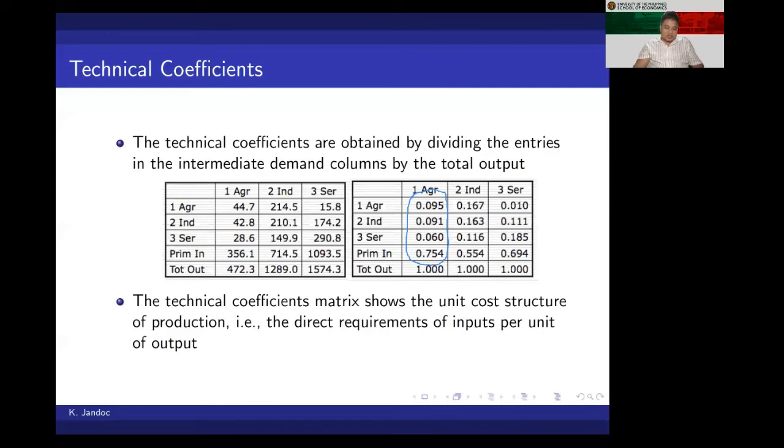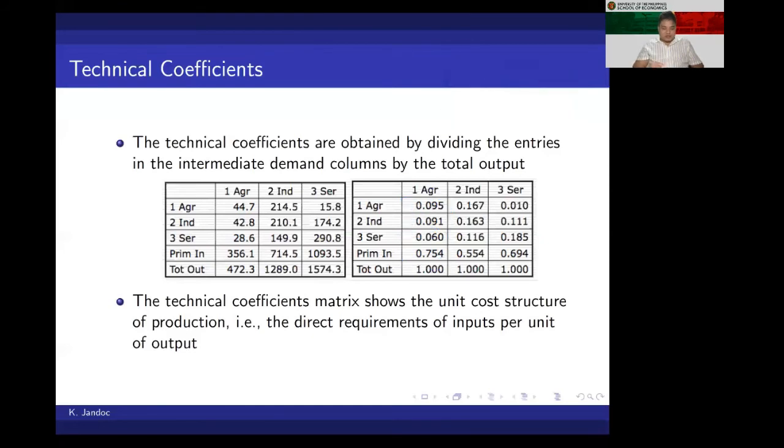So in this case, 9.5% of output in agriculture is produced by the sector itself. 9.1% is by industry. 6% is by services, and 75% of the output is produced by primary inputs, labor, capital, and imported goods. So these are what's called the technical coefficients.